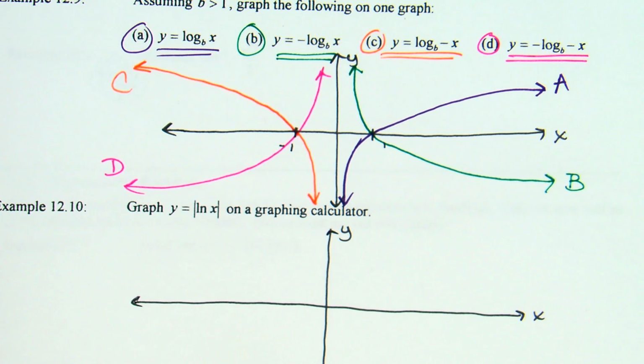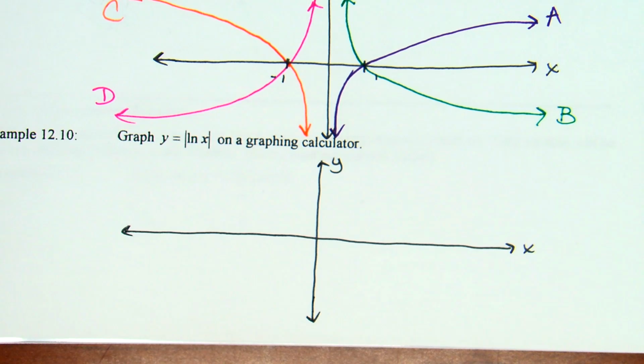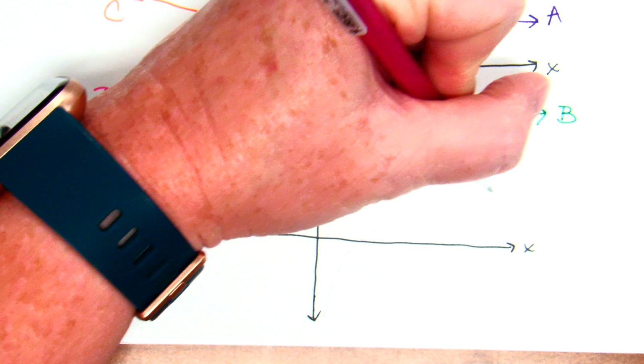Okay, so I'm going to go based on what I have written in the notes and what the book has. So what happens when you just graph y equals natural log of x? Looks like a check mark thing? Now, think about this. What does the natural log of x look like as a graph? Looks like log of x, doesn't it? Can you guys see my dotted pencil there? Okay, that's natural log of x.